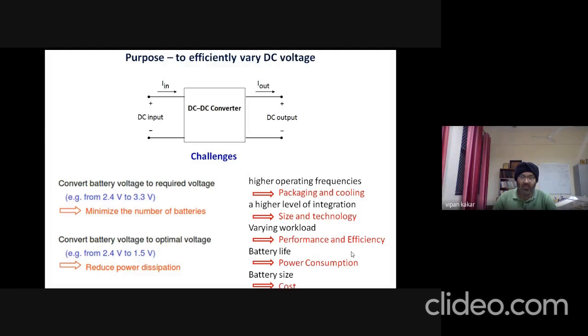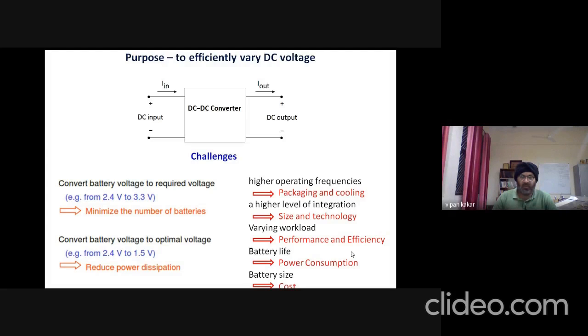Some applications like gaming need high computing power, so the workload is more. So with all these varying workloads, how to deal with the design of the DC to DC converters? Because a simple design of DC to DC converter, by not considering the varying workload, can lower the performance and the efficiency of the device. Then battery life.